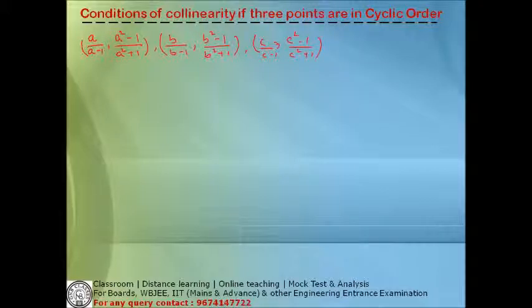Now you see, this kind of coordinates are what is called your cyclic order. Why is it so? Because if we observe, everything in these coordinates is of the same form. Only in place of A I'm writing B, and then in place of B I'm writing C. So this kind of coordinates are what is called cyclic order. They are in cyclic order.